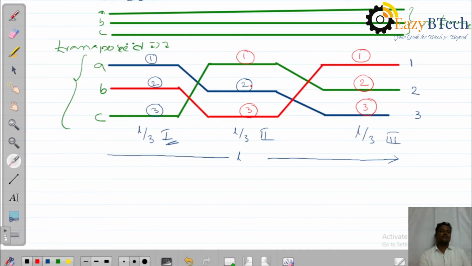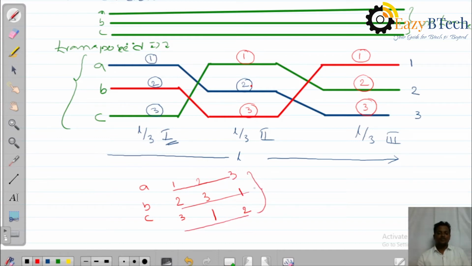What you understand from this diagram is that all three conductors A, B, C occupy all three positions. First interval 1, 2, 3, second interval 2, 3, 1, third interval 3, 1, 2. All three conductors have all three positions.